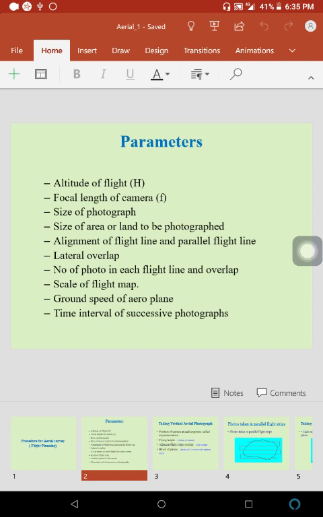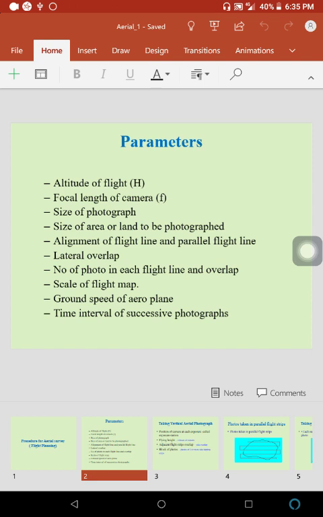Then the size of the photograph, that is the dimensions of the photograph, whether it is a 22 by 22 centimeter or a 23 by 23 centimeter photograph. Then the size of the area or land to be photographed: either you know the area directly in square kilometers, or the area can be known in terms of the dimensions, that is the length and breadth of the area.